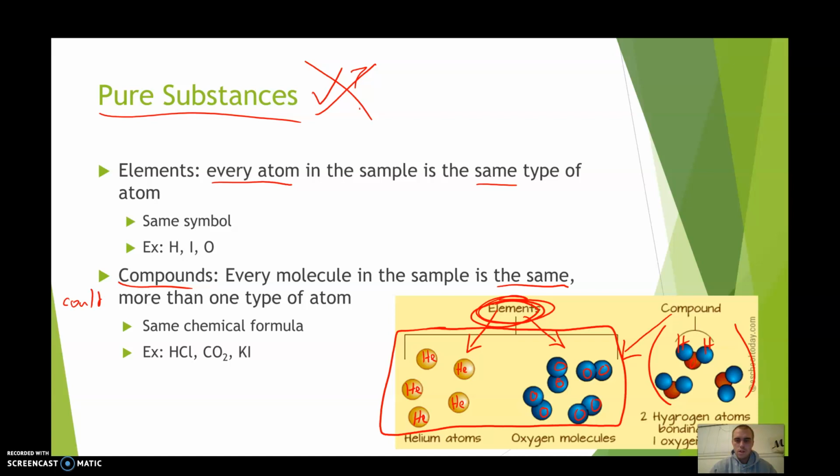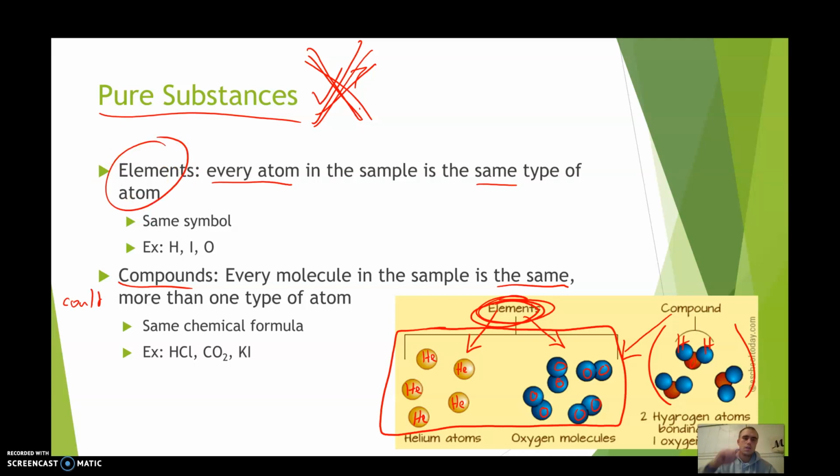Okay? There's nothing extra. As soon as I throw in some salt in here, or maybe some sugar, then it is no longer a pure substance anymore. Okay, but as long as it's pure H2O, now we have a pure substance, and it's not an element because I can't find water on the periodic table.